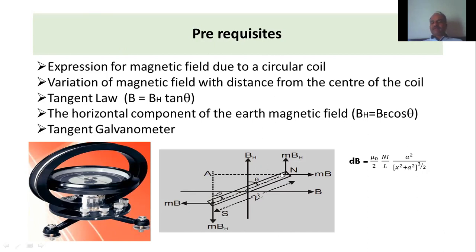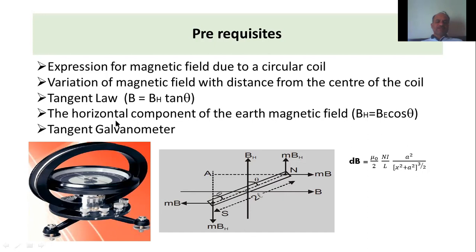Also, we have shown here that a couple acts on this compass, and it keeps this compass or bar magnet in a direction in which the resultant of these two fields is present. That is the tangent law.